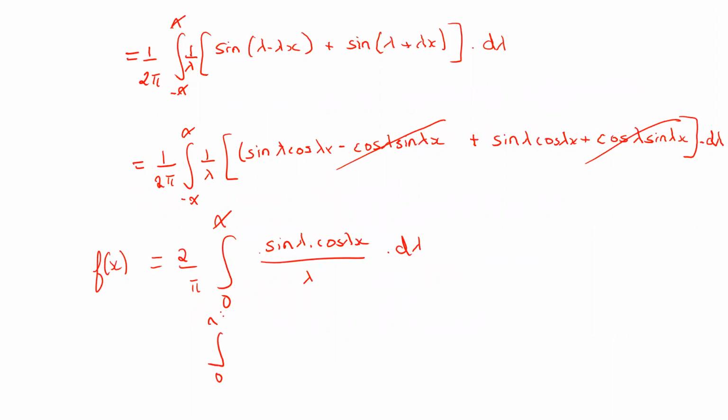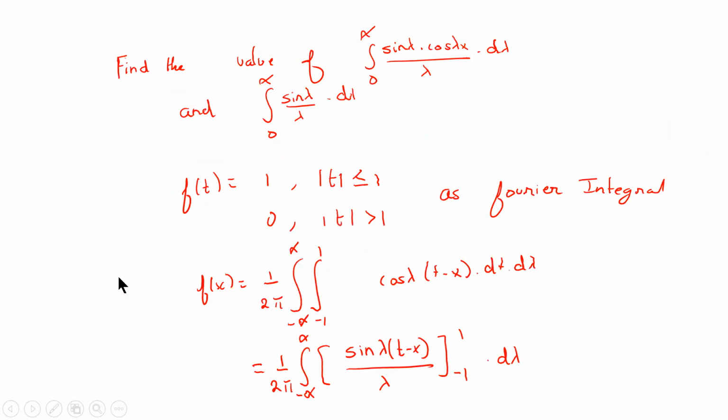I can take the pi by 2 to the left hand side, with the 2 in the denominator. So this integral is nothing but pi by 2 multiplied by f of x. And f of x is the given f of x.